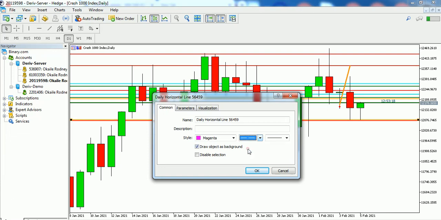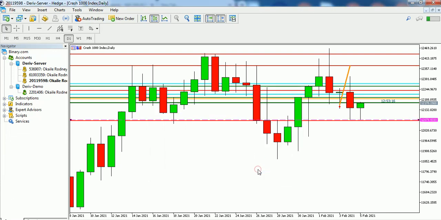So yeah, change it to dotted. There we go. And then I'm going to put my previous daily high, let it also be purple. This helps you to identify these lines from any time frame, guys.